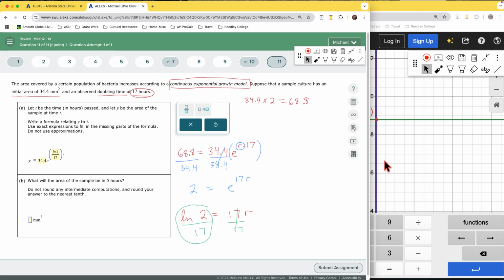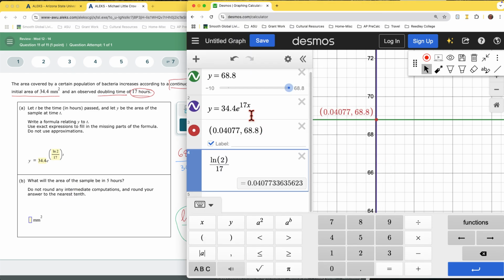So the thing is, in graphing it to get our approximate answer here, the approximate answer to check, we could actually just change this, because now we want to know, when x is 5, what's the output?